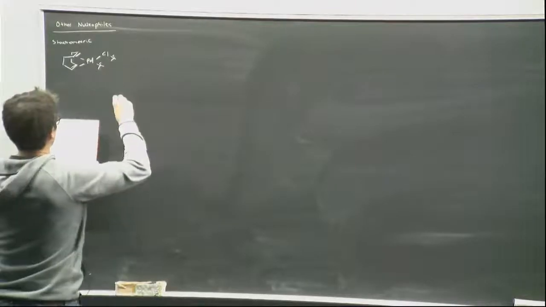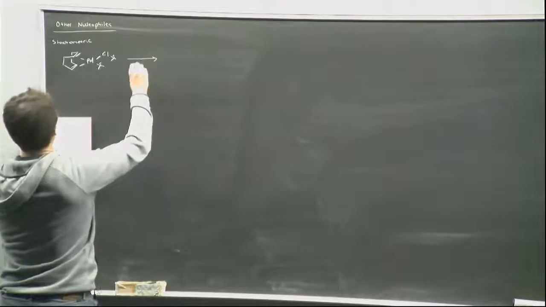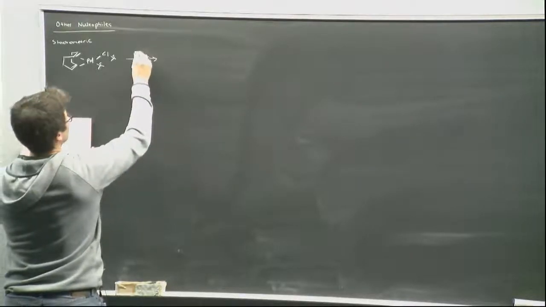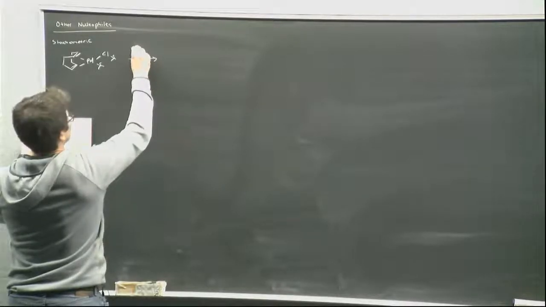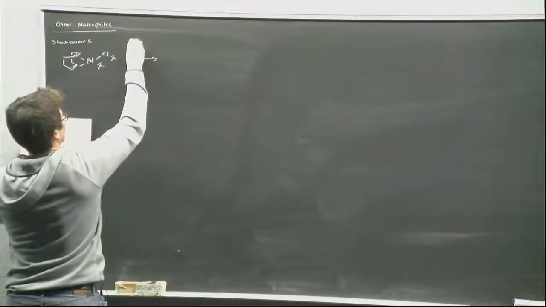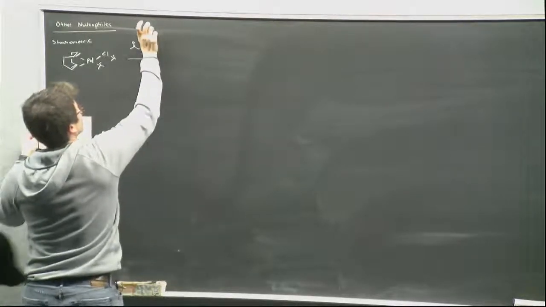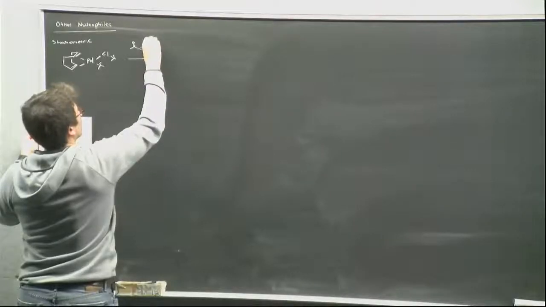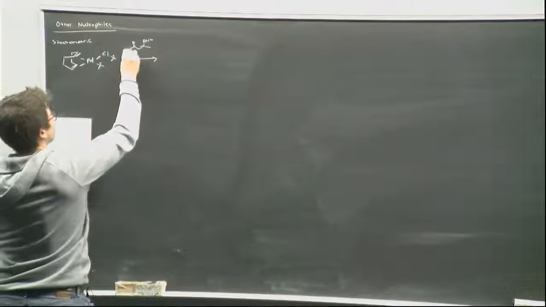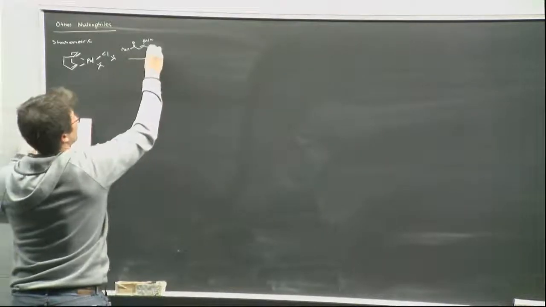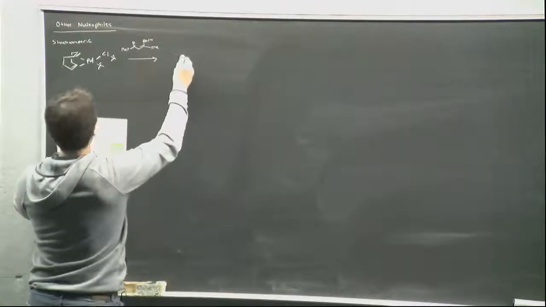So Tsuji in 1965 found that if you take this palladium COD bischloride complex and react it with the sodium deprotonated form of dimethylmalonate, that you could get carbopalladation.